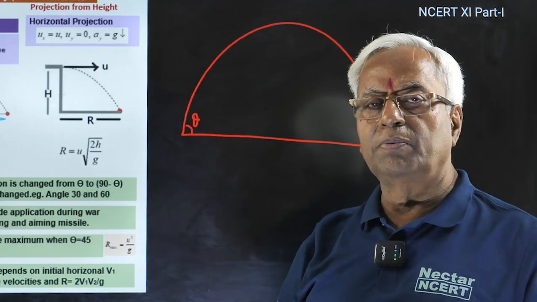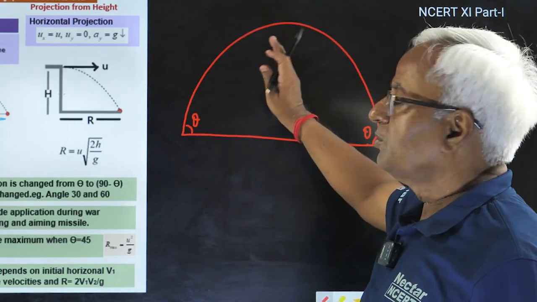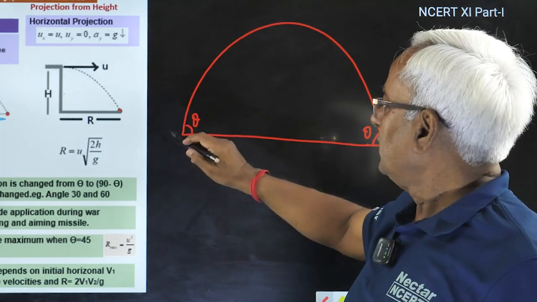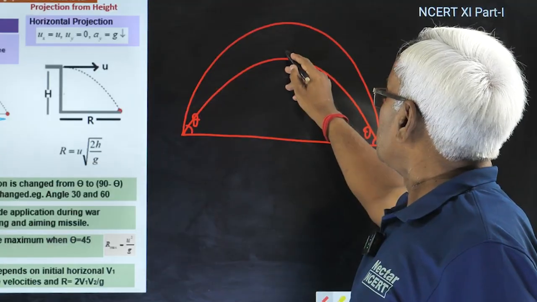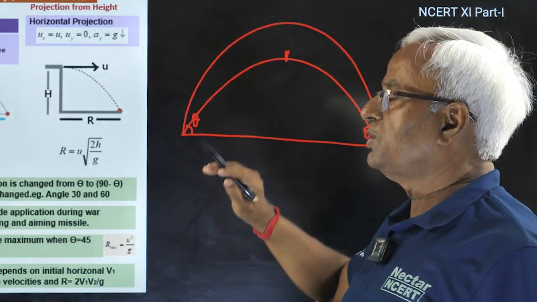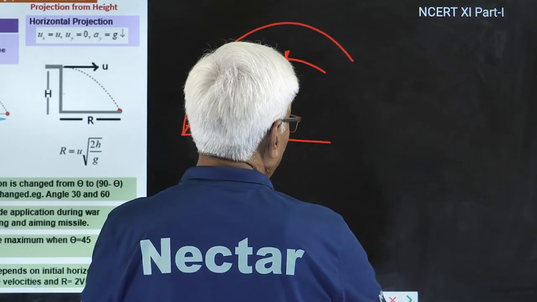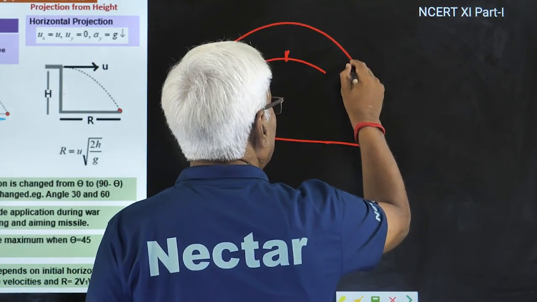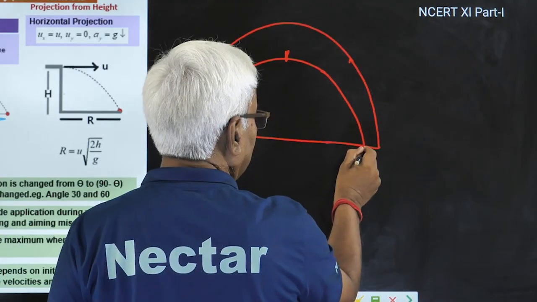When the velocity of projection is very high, like that of a missile, this is no more a parabola. In that case, the descending part becomes steeper. And not only this, the path changes, the range will also reduce a little this way.